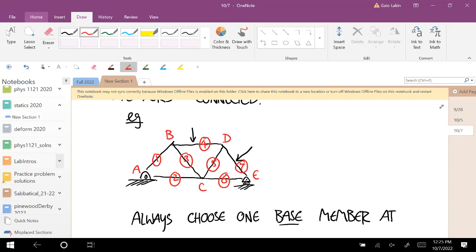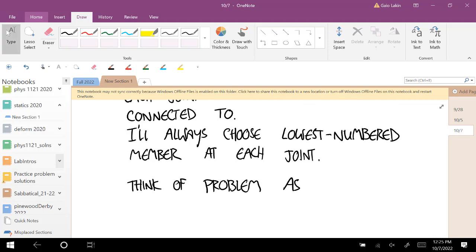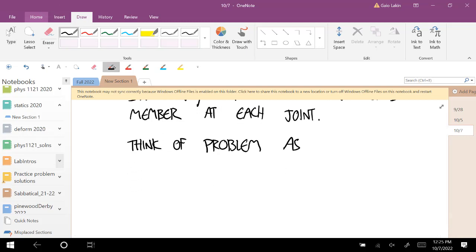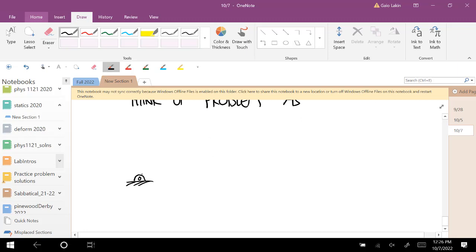All right, so at the joint A, the base member is 1 because it has the lowest number. So I'm going to have 1 be the thing connected to the ground, and 2 is also connected to 1. And I'm going to draw it like they're connected in different places, but when you actually use those coordinates, it's going to be the same coordinates. So it'll be like this and this.